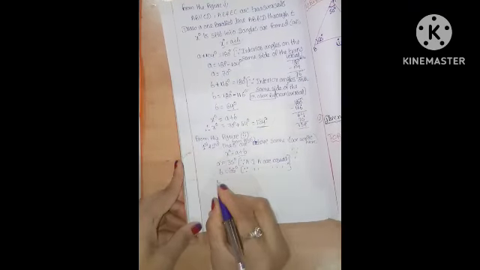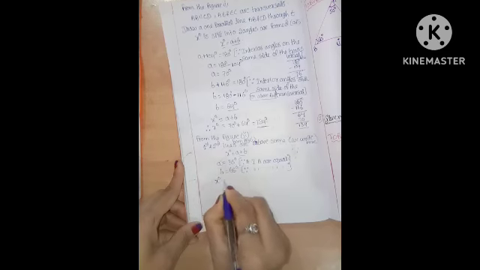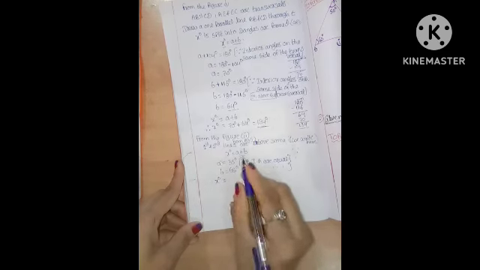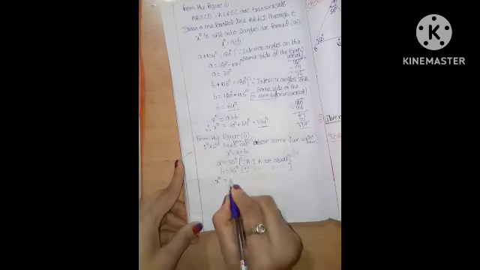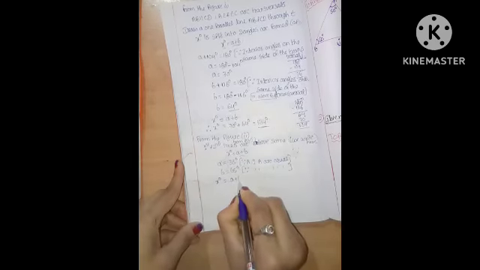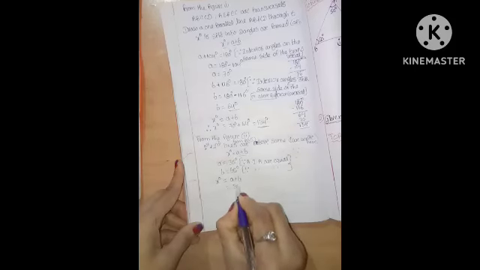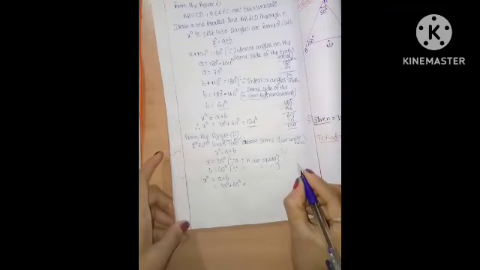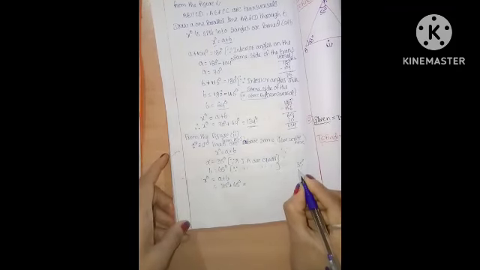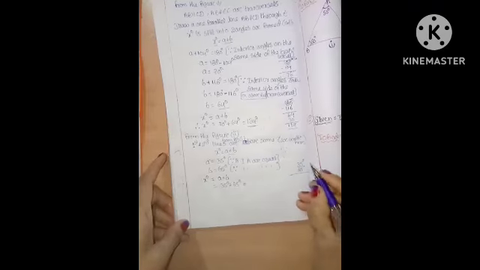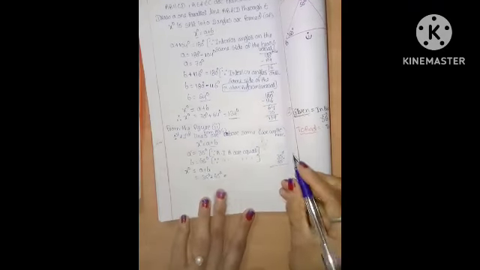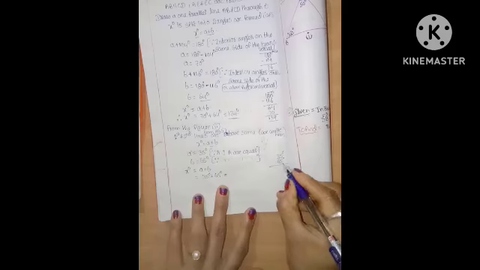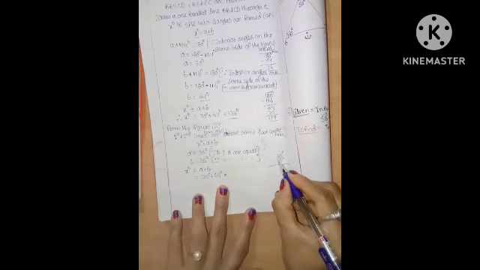So we want the x degrees angle. How will we get it? The sum of these two angles, A plus B. In place of A we put 35 degrees, plus B which is 65 degrees. 35 degrees plus 65 degrees: 5 plus 5 is 10, 3 plus 6 is 9, 9 plus 1 is 10.